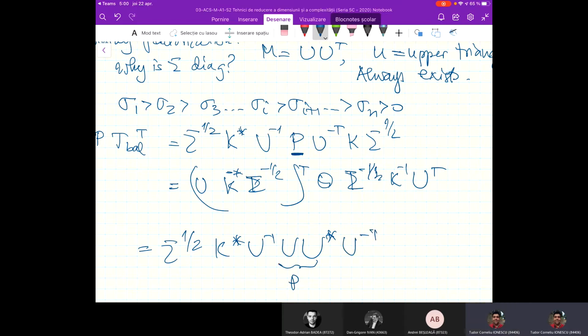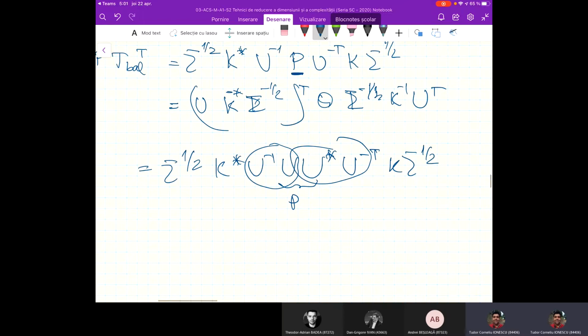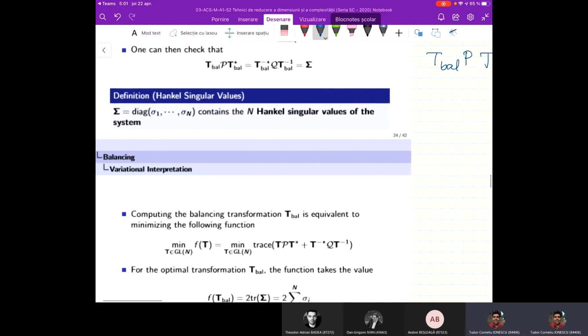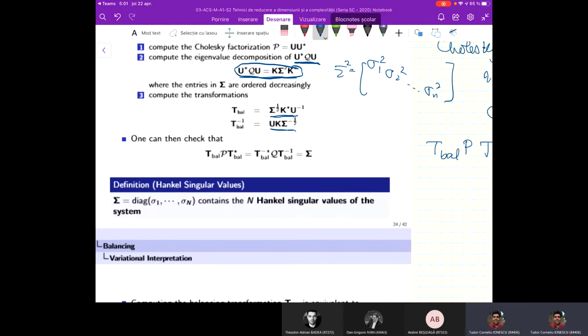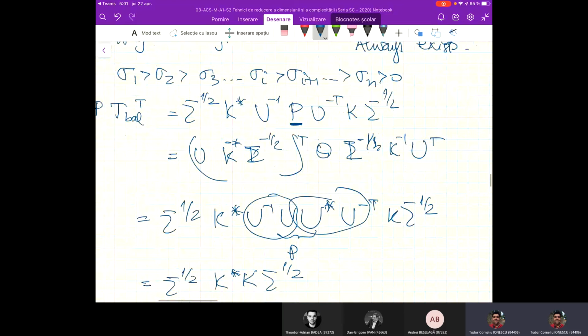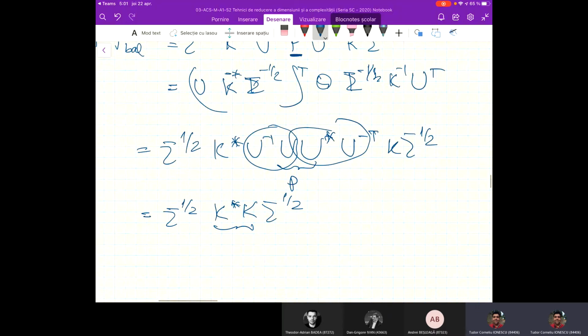U minus transposed K sigma 1/2. Now, this is identity. This is identity. So this is sigma half K star K sigma 1/2. But this is an orthogonal transformation for the eigenvalue decomposition. So this is again identity.